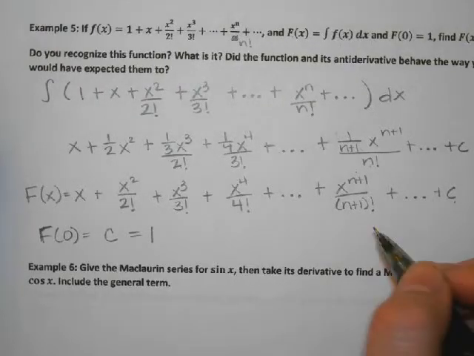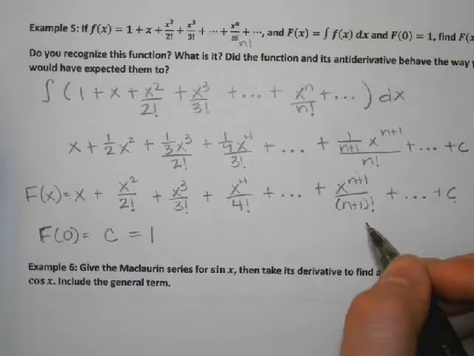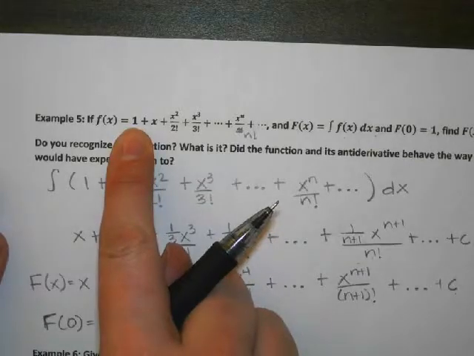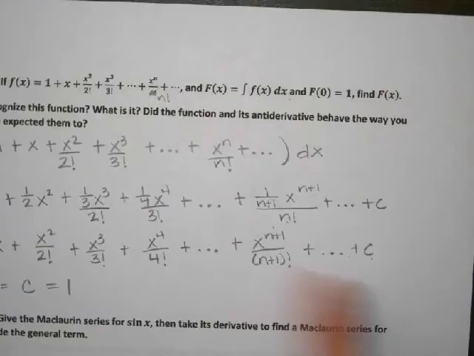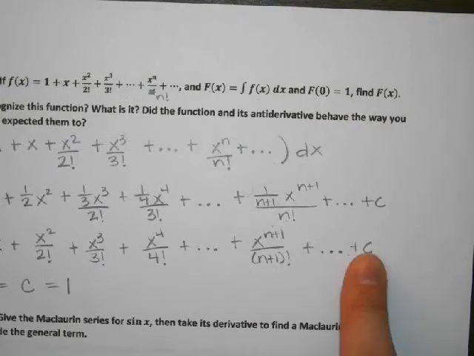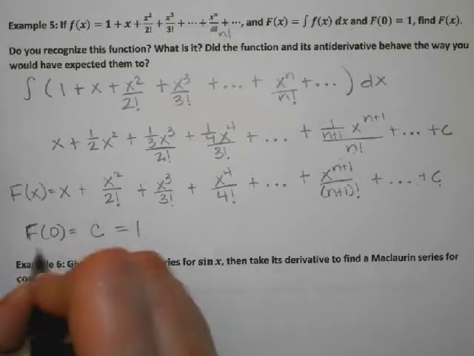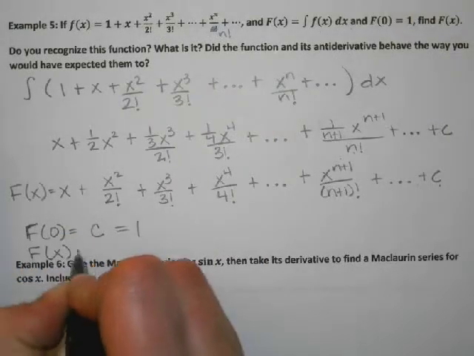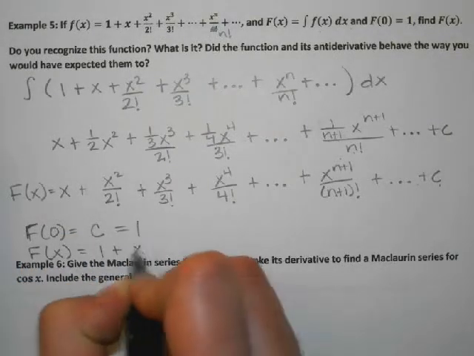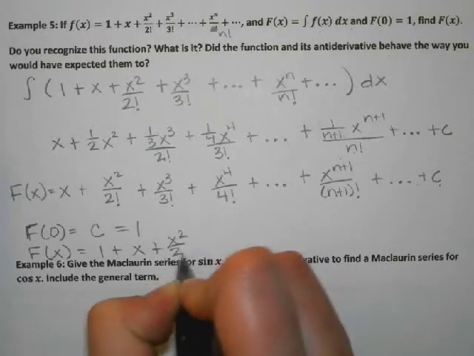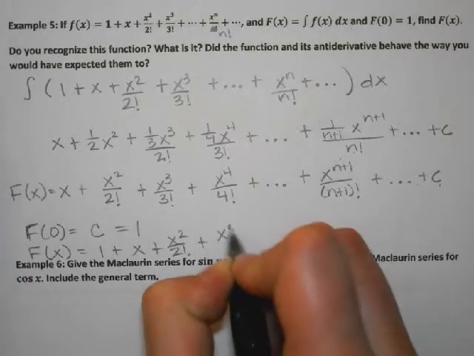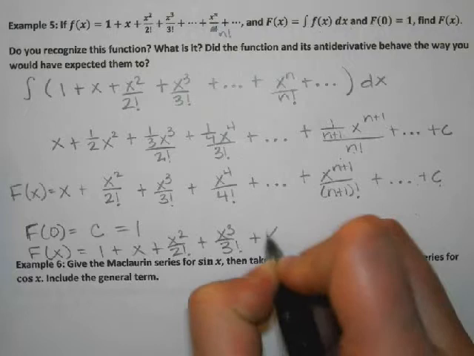And what does that do to the problem? It gives you the 1 plus in the front. Instead of having the plus C on the end, we know that's a 1, and we can move it back to the front. So now we can say that capital F of x is 1 plus x squared over 2 factorial plus x to the third over 3 factorial.